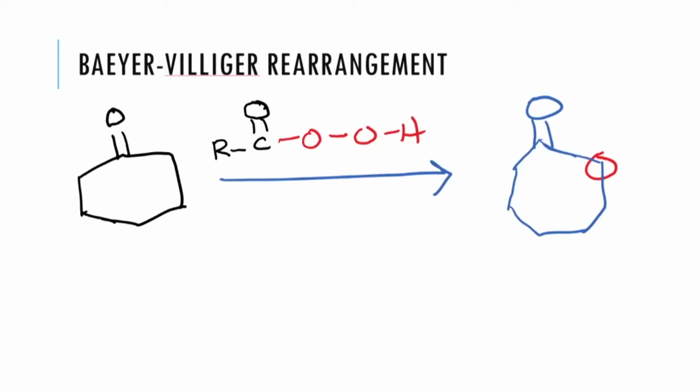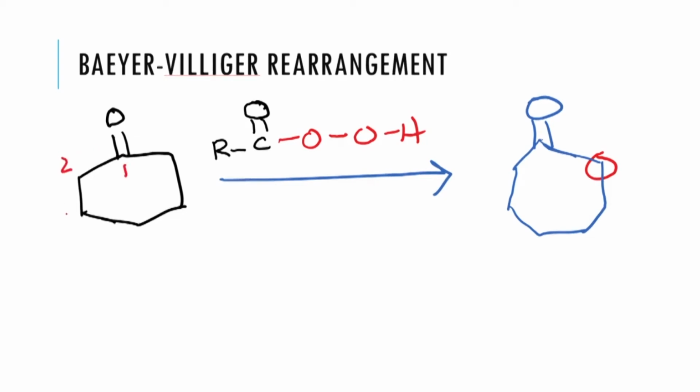Okay, so the next rearrangement that we will be considering is the Baeyer-Villiger rearrangement. This is a very interesting reaction. You will see here that if you start from a ketone such as cyclohexanone, you end up with a 7-membered ring. Let me number this so that it becomes clear.